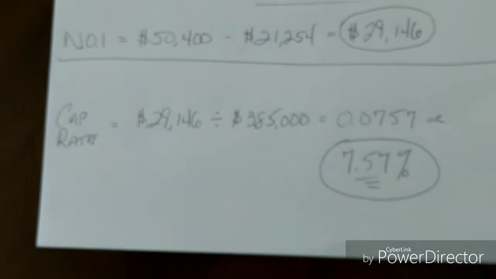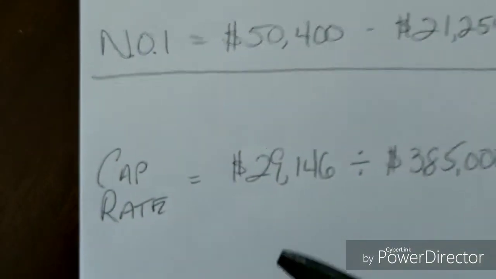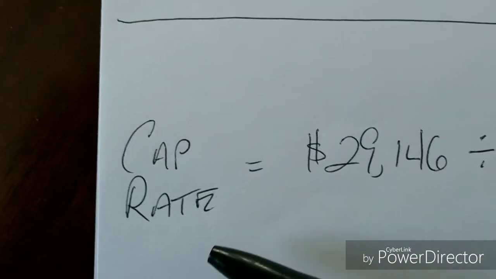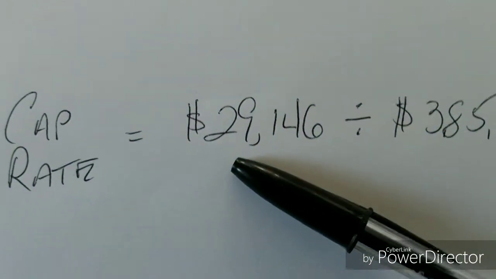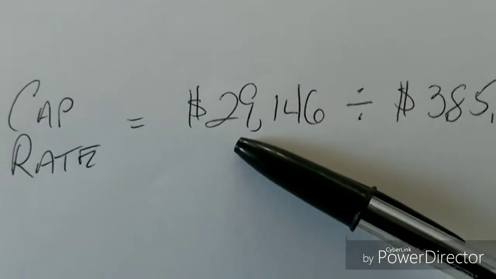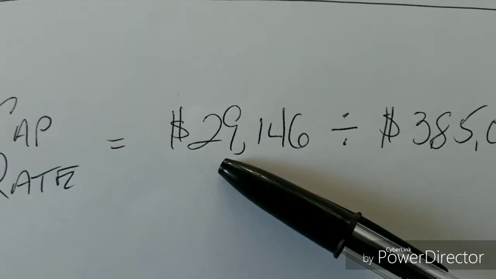Now, in order to solve for our cap rate, it's very simple. Like I said, we take our $29,146, that is our net operating income.